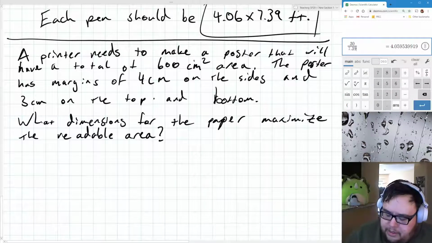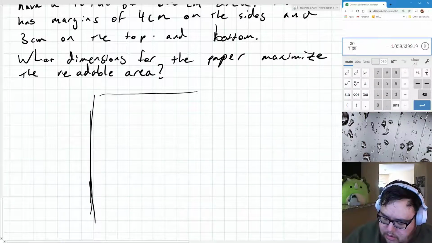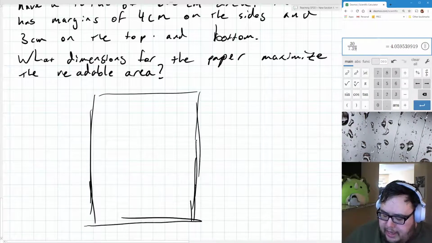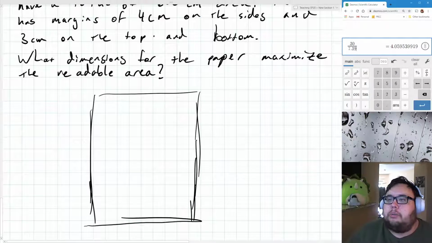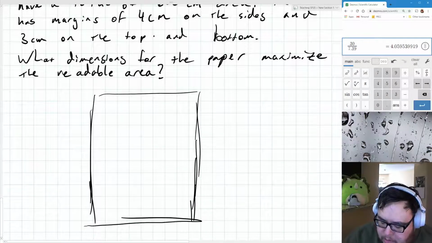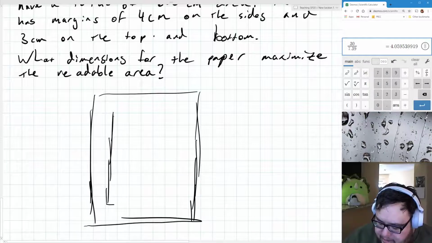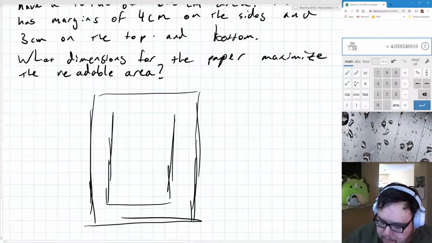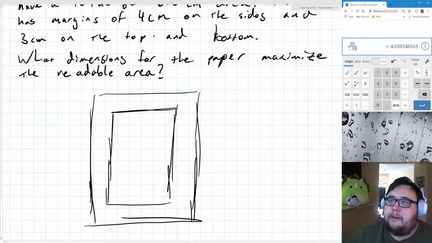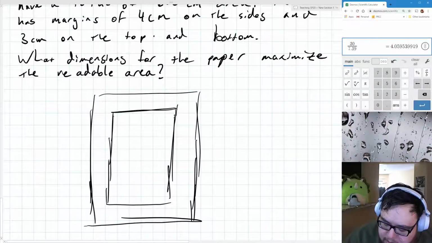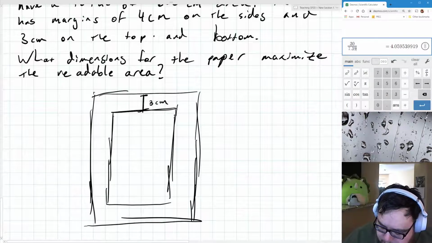So what we have for this is we have a poster. It's on a piece of paper, right? And not all of it is going to be printable or readable, right? We have to have some margins, okay? So basically we're going to have a central bit of it that's actually printable. And the top and bottom margins will be 3 centimeters.